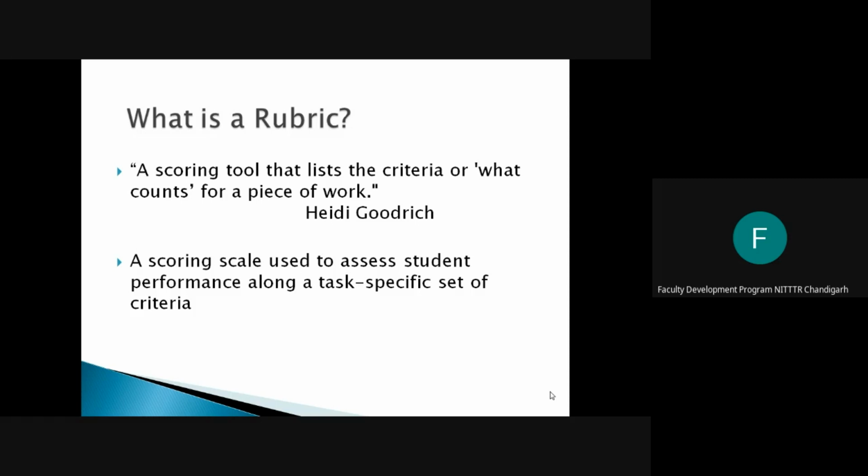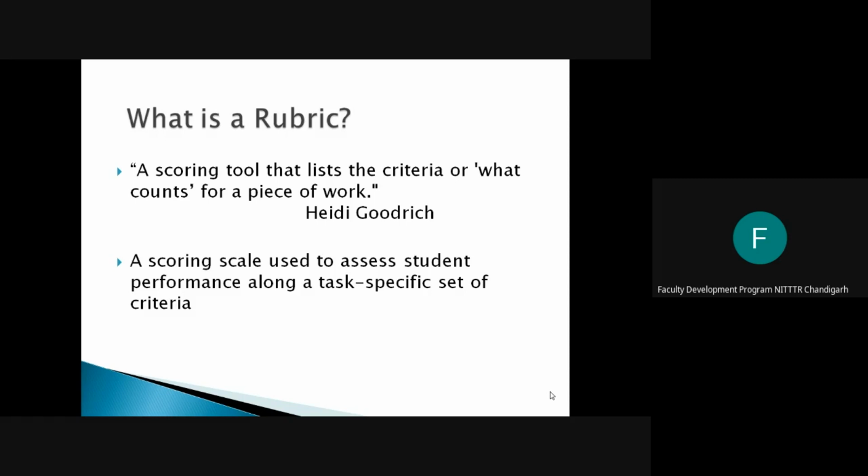So here also, rubric is a tool used while you are assessing the student's performance, or some other performance also. At the same time, it lists the criteria on which I am assessing the performance. So it is a criteria-based assessment tool.